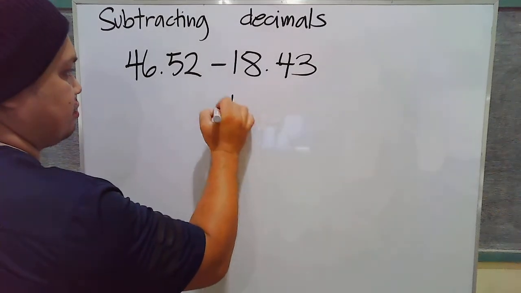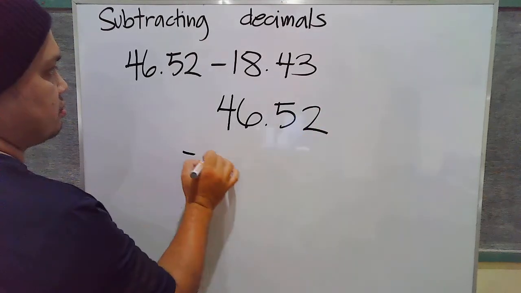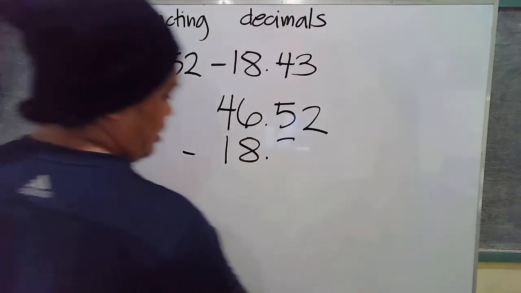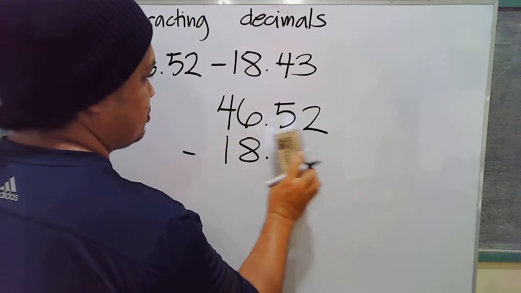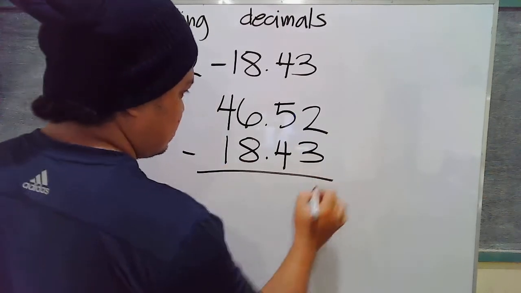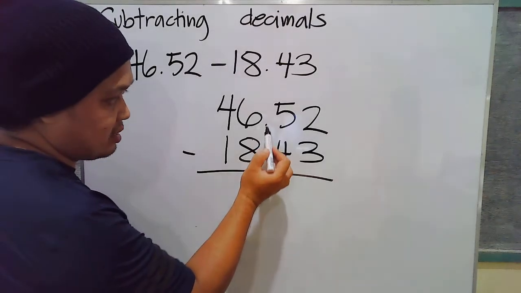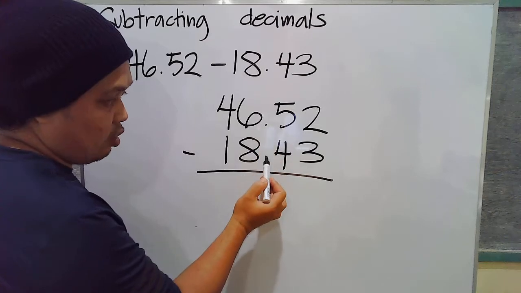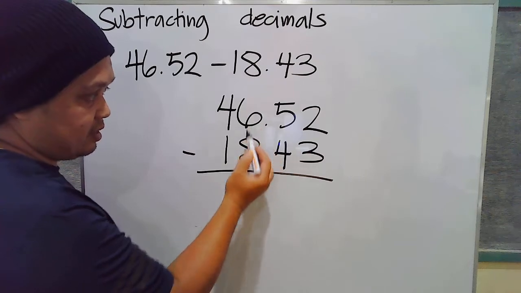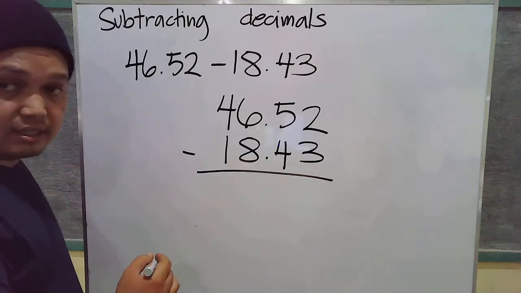We have here 46.52 minus 18.43. Now, it's very important that we align all decimal points so that we're gonna have the correct place value in every digit. Now let's start.